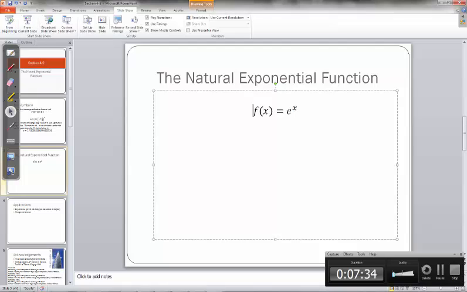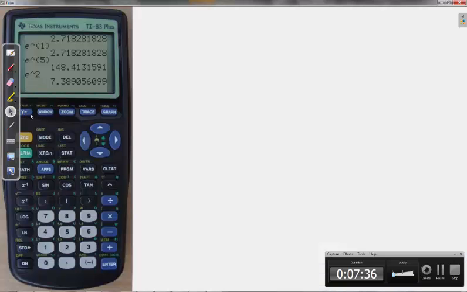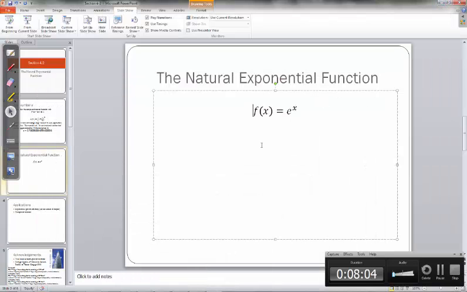We look at the graph of e to the x, I might as well plot it on here, 3, 4, 5, and then let's do e to the x. It just looks a lot like the other ones. These go up slightly slower than 3 to the x because 2.7 is slightly smaller than 3. So not much different there.